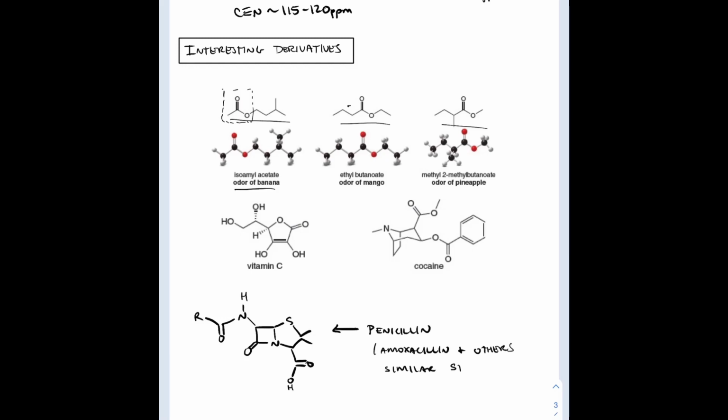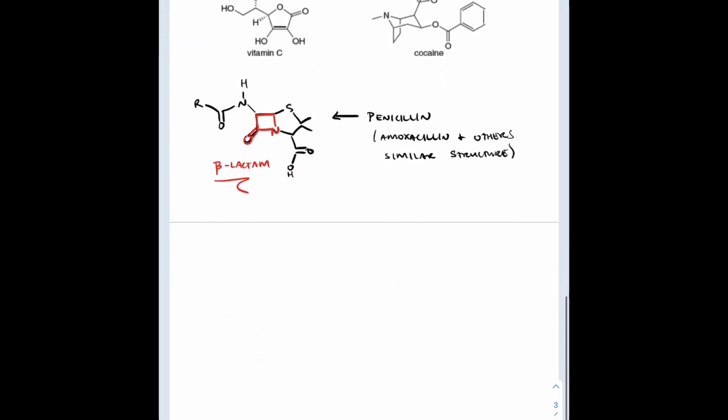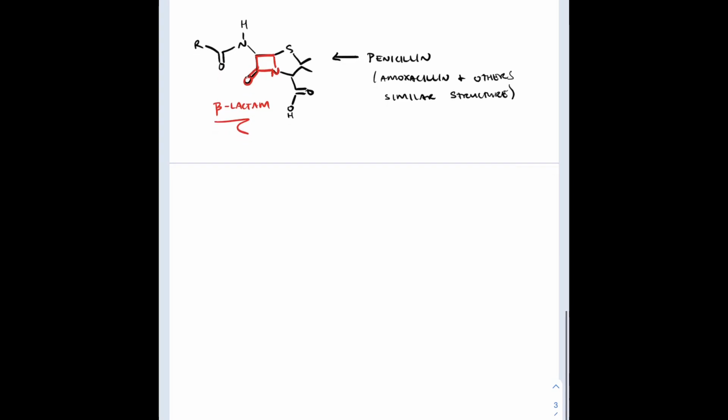There are also similar structures for amoxicillin and other antibiotics. Sorry, I lost that word for some reason. That beta lactam structure is actually the reason why antibiotics do their job. And we'll talk a little bit about this later when we get into the reactivity of amides.